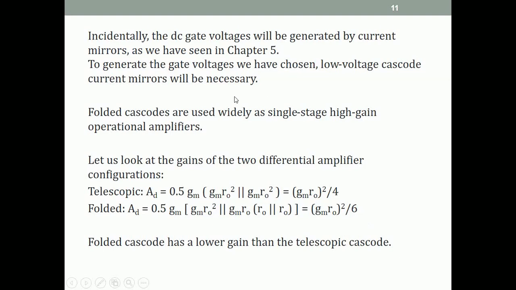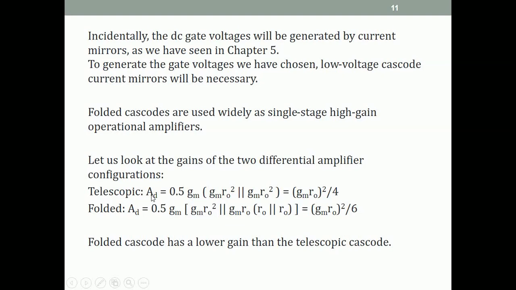Because of this property of a good output voltage swing, folded cascodes are used widely as single stage high gain operational amplifiers. Now let's do a quick comparison of the folded with the telescopic. This is more an academic exercise, and in a way also a revision of everything we've done till now.